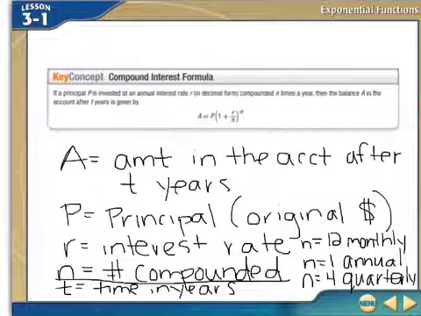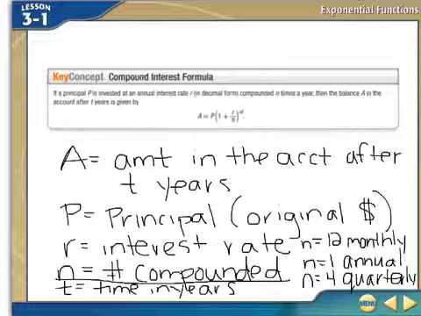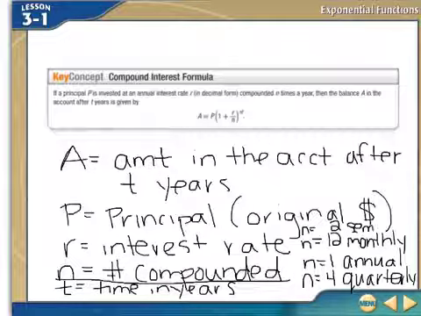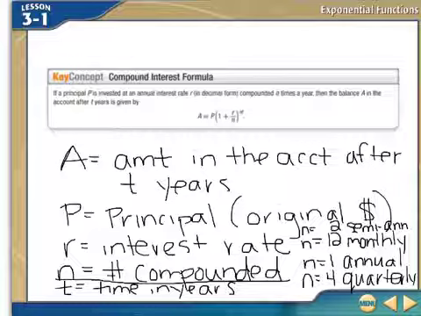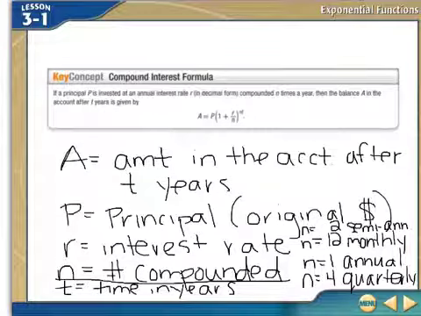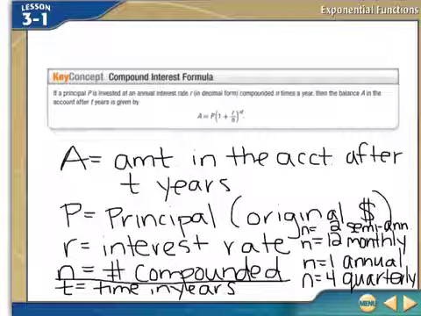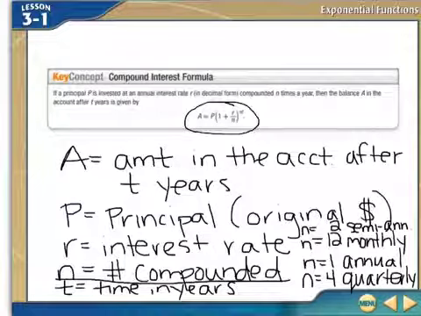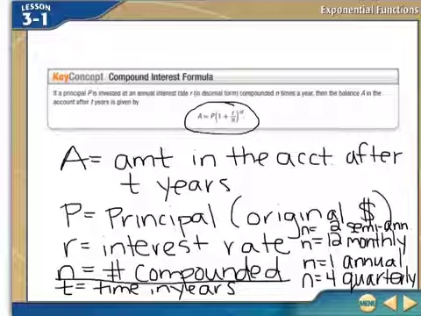And if you had it semi-annually, that would be twice a year. So those are some common values of N that you will see in various compound interest problems. This is a very popular formula and is used very frequently in a variety of settings.